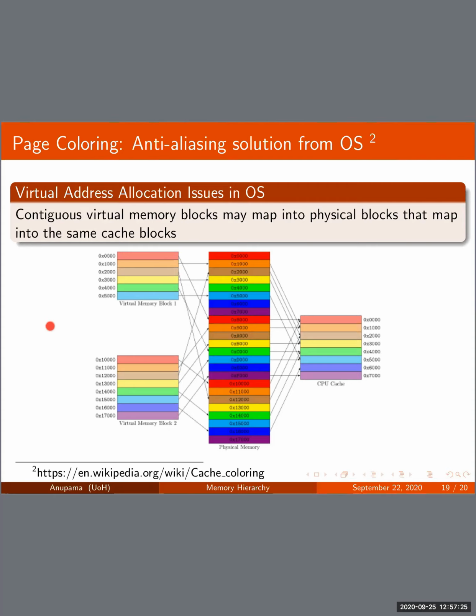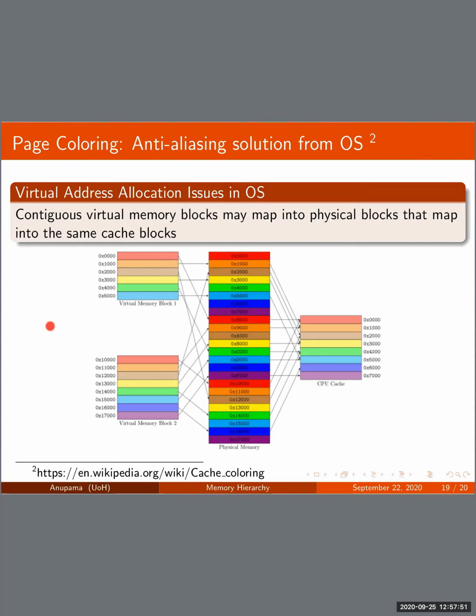Okay. So to prevent such things from happening, this is page coloring. Basically, contiguous virtual pages will be colored in a certain fashion. The physical pages will also be colored, and you map the virtual pages to the frames according to their colors.